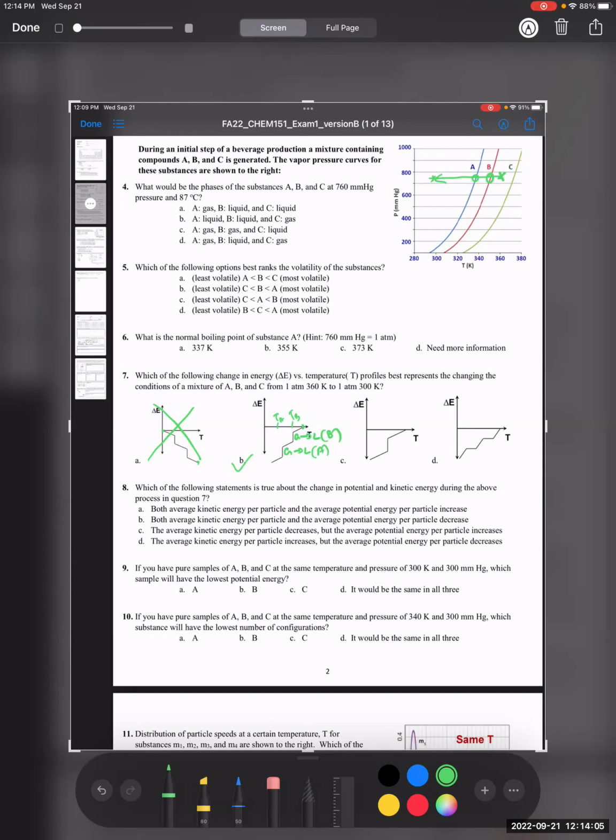And option C is out because it only has one transition. There should be two transitions, for B and A. Therefore, that is out. And then option D is out because you cannot have these situations in these diagrams. This shows that the temperature is decreasing, but the energy is not changing.